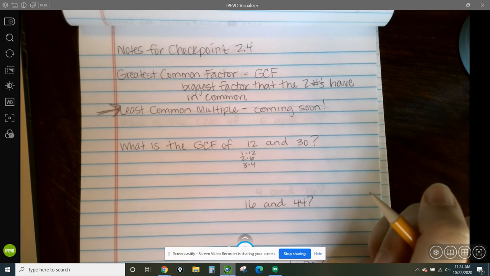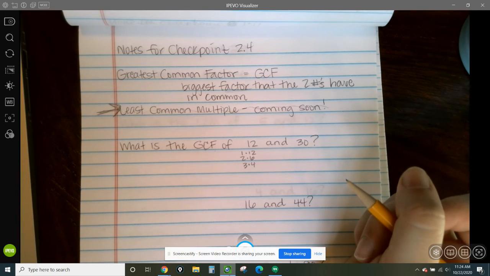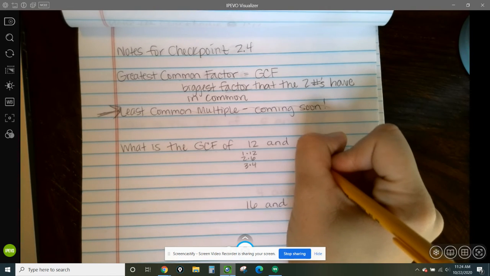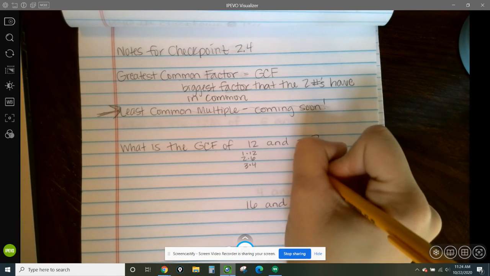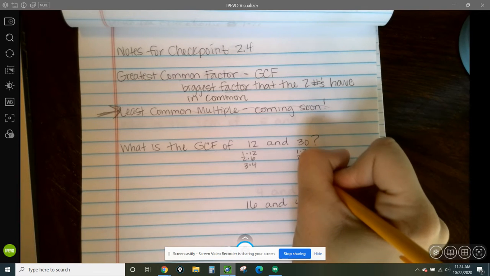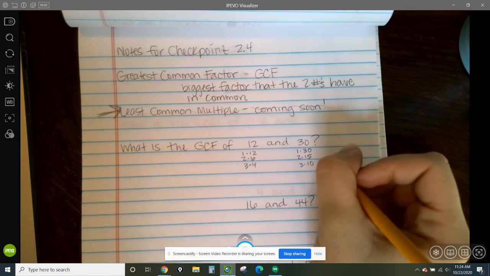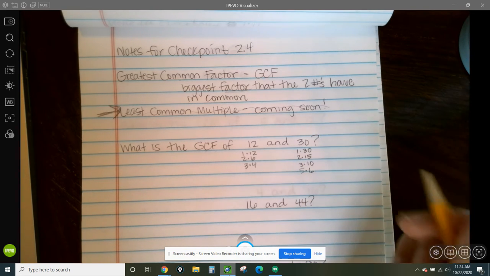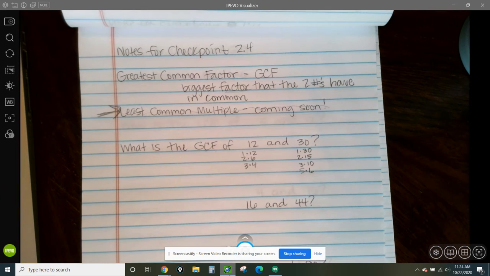Those are the only things that make up 12. So those are all of the factors of 12. 30, well, that's 1 times 30, or 2 times 15, 3 times 10, no 4, no 5, 5 times 6. Those are all the factors of 30.